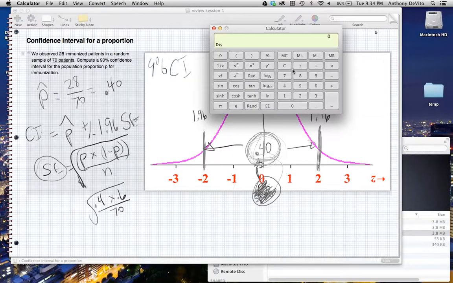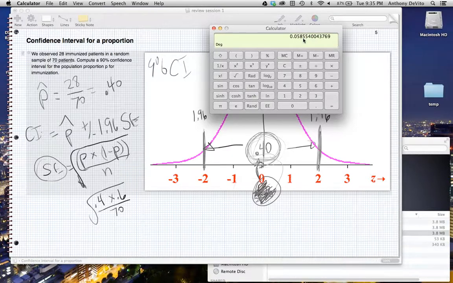Let me clear that out. 0.4 times 0.6 is equal to 0.24, divided by 70. Gives me a pretty small number, but then I'm going to take the square root of it. The square root is the number which when multiplied by itself gives you the original number. So the square root of that is going to be a bigger number. It's 0.058.